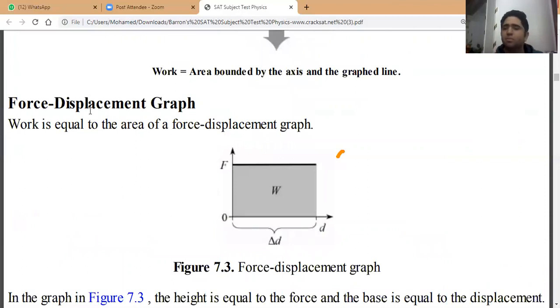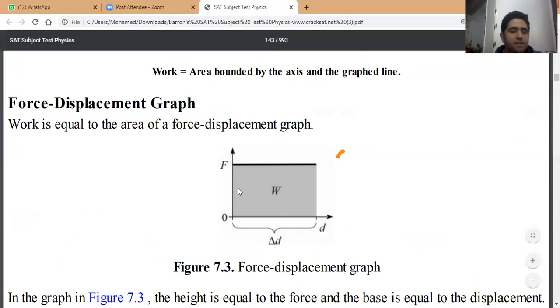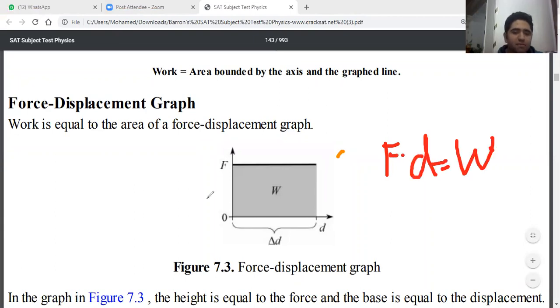This is a very important part for SAT physics. It's the area under the curve. Okay? The area under the curve, F D, when you multiply F by D, you get work. Well, in this graph, when you multiply the x-axis by the y-axis, you get this area, which will equal the work.